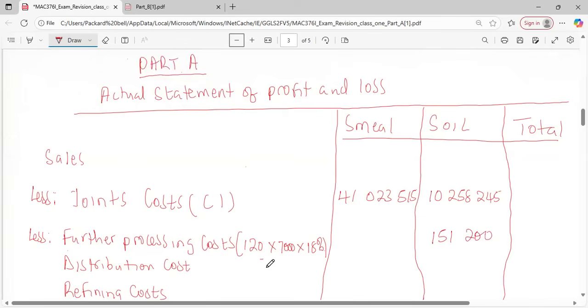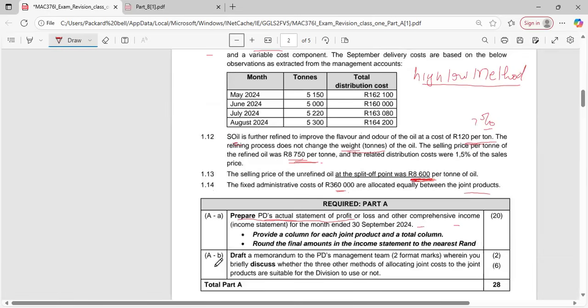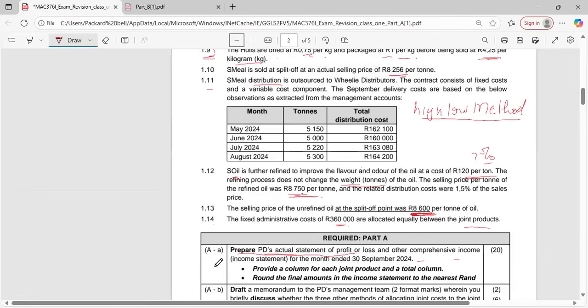Then we go to distribution cost. What are they saying about distribution cost? Who is to be distributed here? Distribution cost for S oil is 1.5% of the sales price.